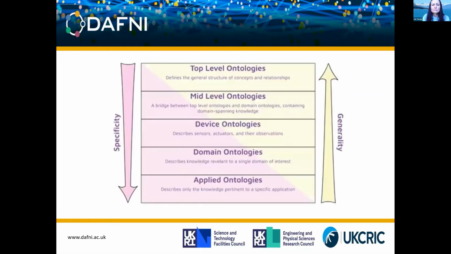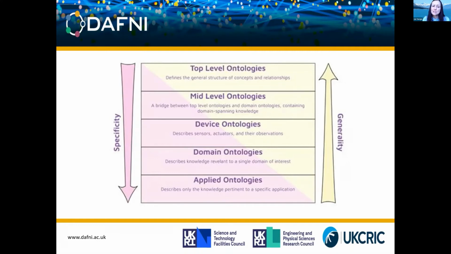Now, what's important about these different types of ontology is that the top level ontologies have more generality, or have more of the general structure of the concepts and relationships in our domain that can then be used by others. But we need to agree on what those top level ontologies are if we're going to use them across the piece.